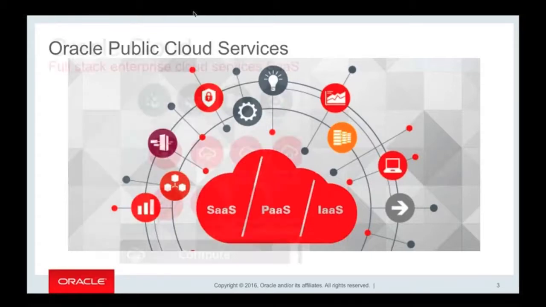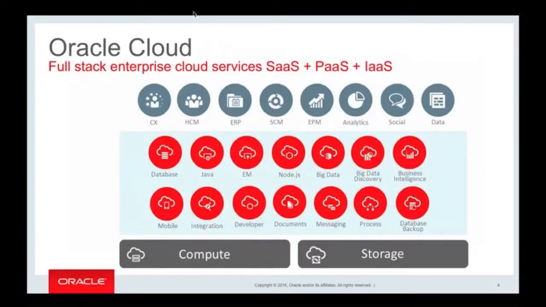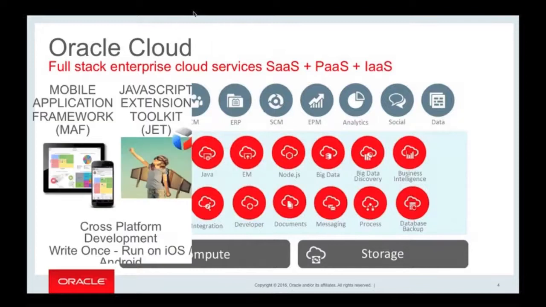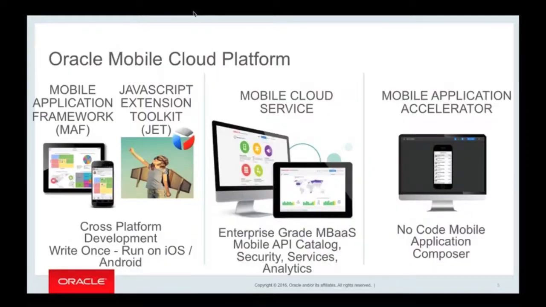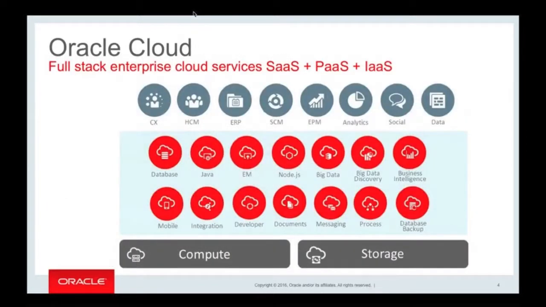If you look at those different categories, software as a service are things like our human capital management, our, my slides want to move on their own. It includes our enterprise resource planning, our CRM, all of these different software as a service offerings.